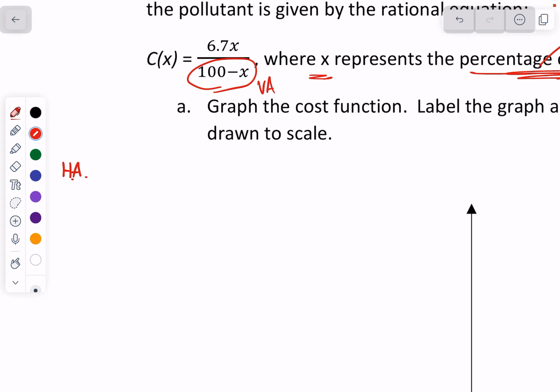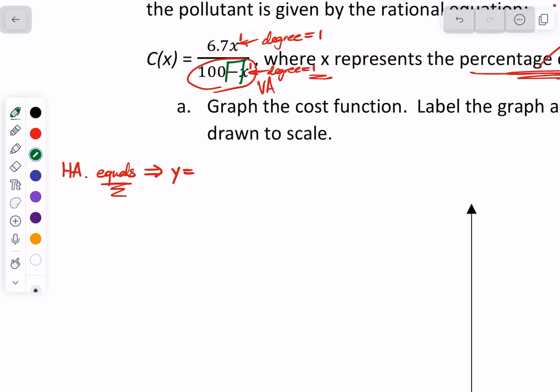Believe it or not, we are in what I call the equals case, right? Because the degree of the top is equal to 1. The degree of the bottom is also equal to 1, right? You have an x to the power 1 here, x to the power 1 here. That's the degree. So if it's equal, my horizontal asymptote has to be at y equals the ratio of the leading coefficients.